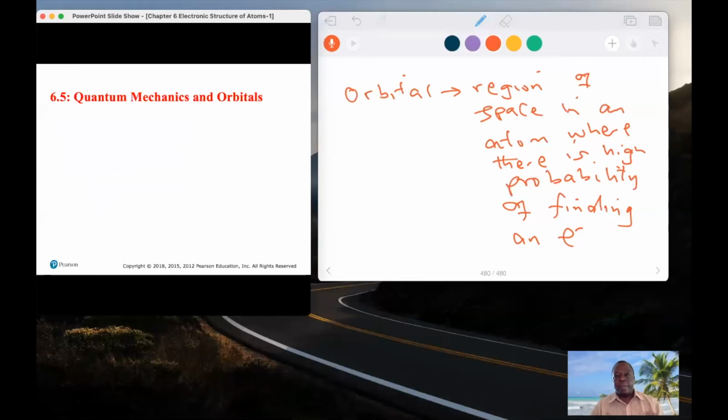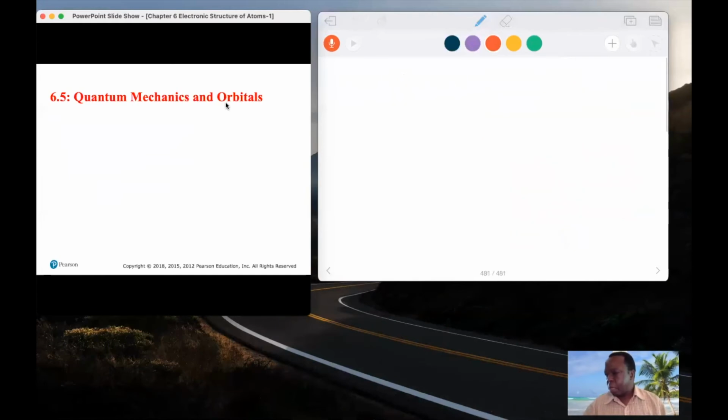So now we define an orbital using what we call quantum numbers. An orbital is described by quantum numbers.